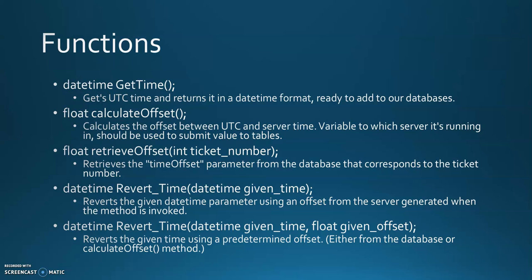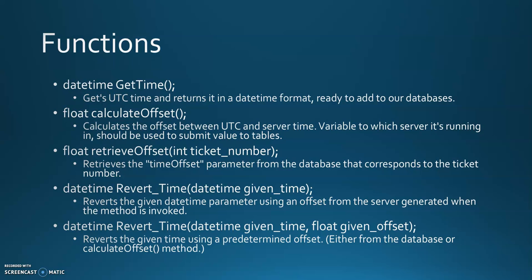We have our calculate offset, which returns a float that represents the offset between the server and UTC time, and this should be used to submit this value to our order table, which has a newly made time offset column, so that every order may have an offset that corresponds to it.